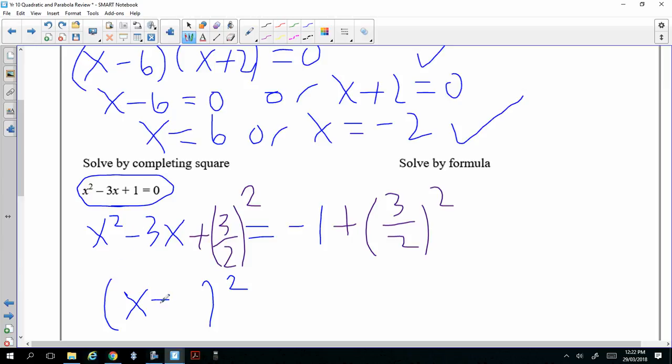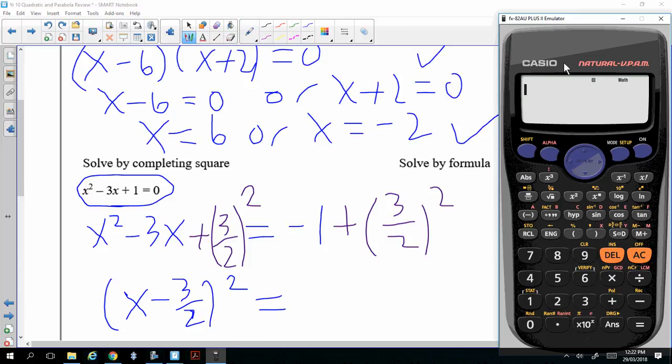That's completed. On the other side, you have to add them. You can use a calculator or do it by hand. So you do negative 1 plus bracket 3 over 2, close bracket, squared. On the calculator, you get 5 over 4.